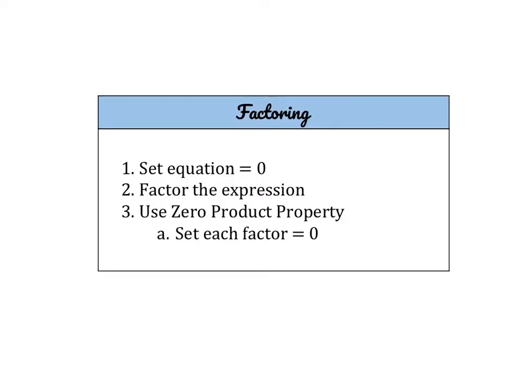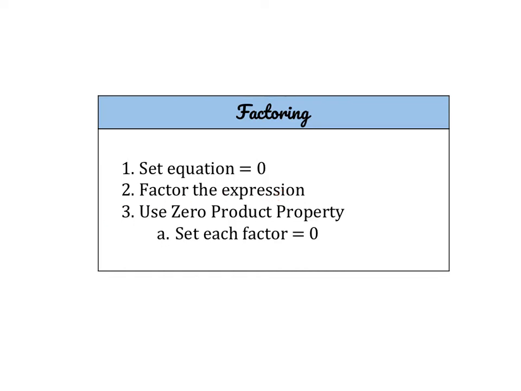Okay, so now we're going to try that second method, which was solving by factoring. So the most important step when we solve by factoring is that we make sure that we first set our equation equal to 0. This method will not work if our equation is not equal to 0, so make sure you do that first. And then you look at the expression and you see if it is factorable.